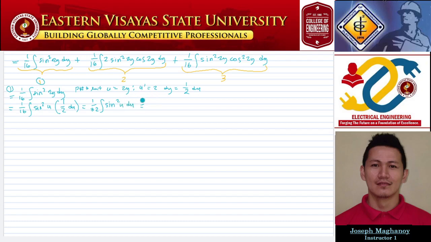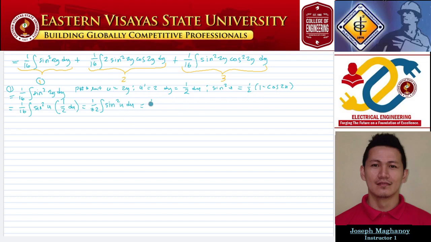So what is our next step? We can use some substitution. So sine squared u is also equal to 1/2 quantity 1 minus cosine 2u. So we replace our sine squared u.